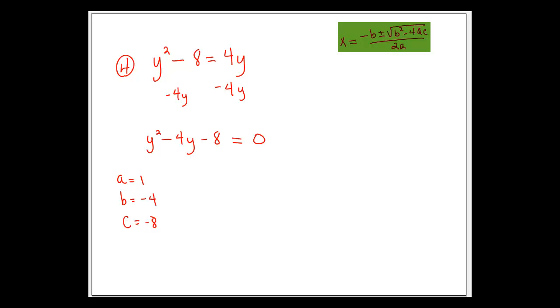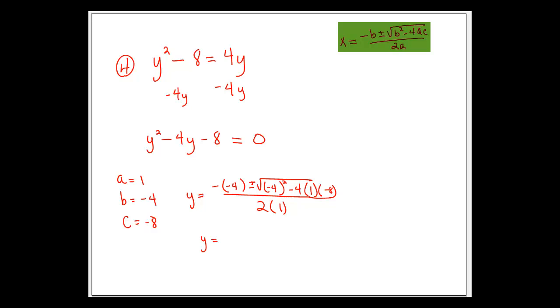Plugging into our formula, we have y is going to equal negative b, we're going to put in negative 4, plus or minus the square root of b squared, which would be negative 4 squared, minus 4 times a, which is 1, and c, which is negative 8, all over 2 times a, which is 1.